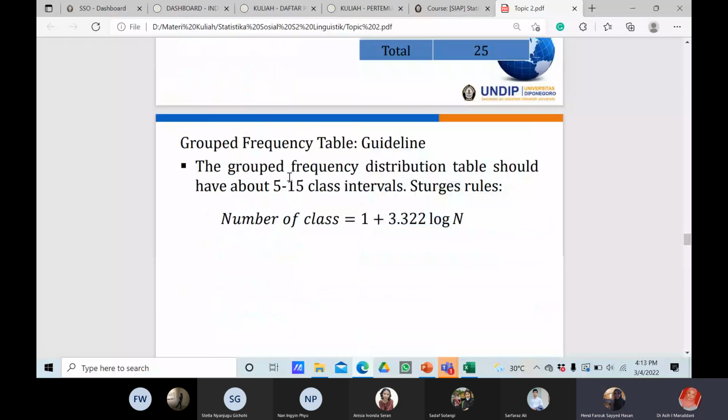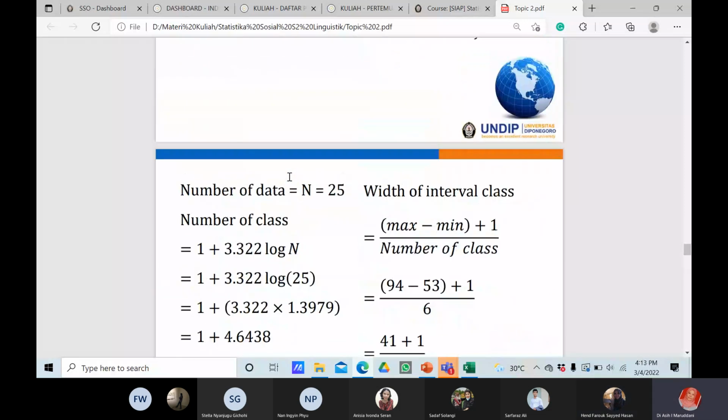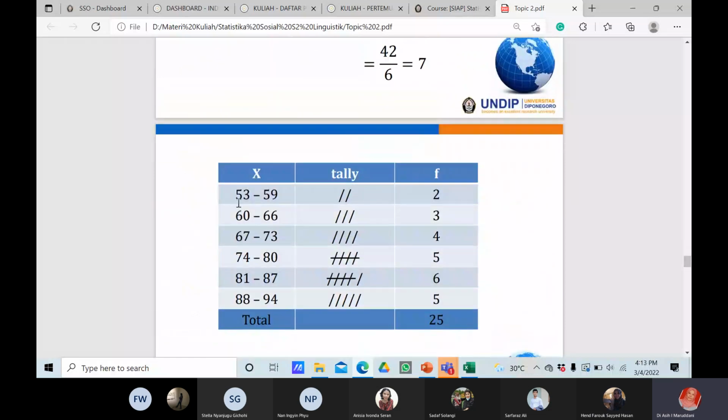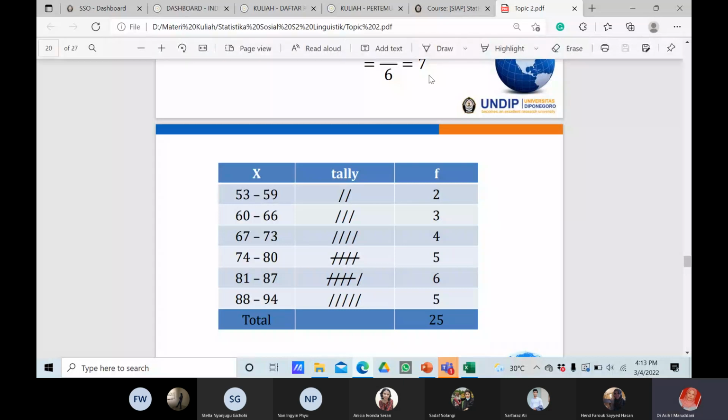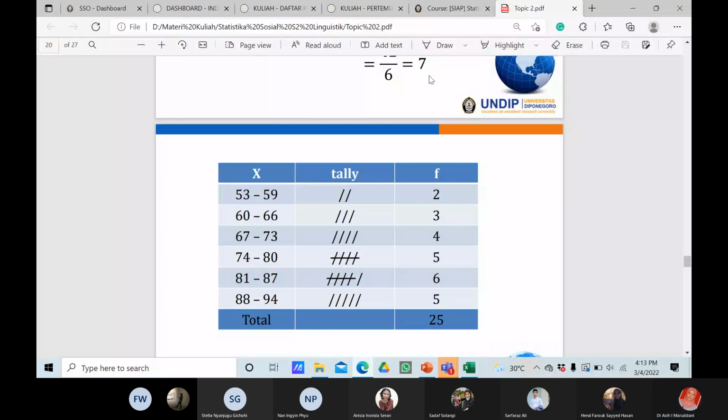Okay, you got this? Yes. Then you write down the 53 and you can count 53, 54, 55, 56, 57, 58, 59. 7 scores in this interval. This is the width of the interval.